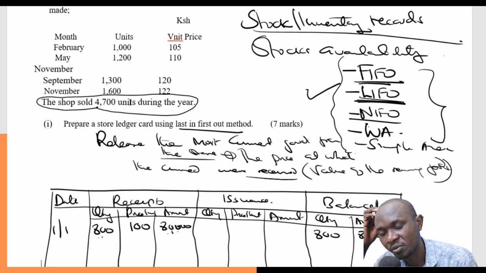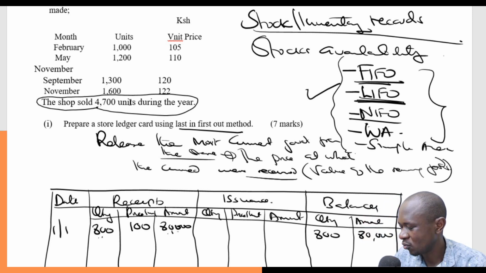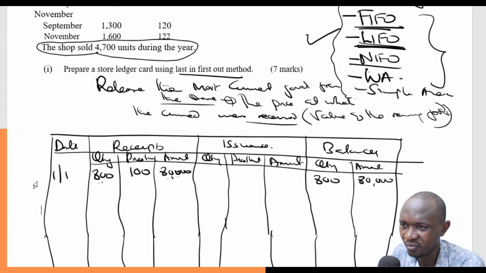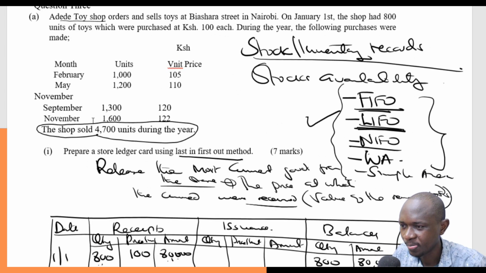For this one, we've just been told that the shop sold 4,700 units during the year, but they have not told us the specific time. So it might be quite challenging for us to know when to place this. But anyway, let's go with what is available, and then we'll see how to go about that.